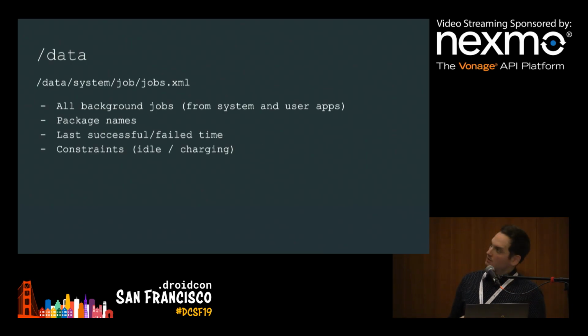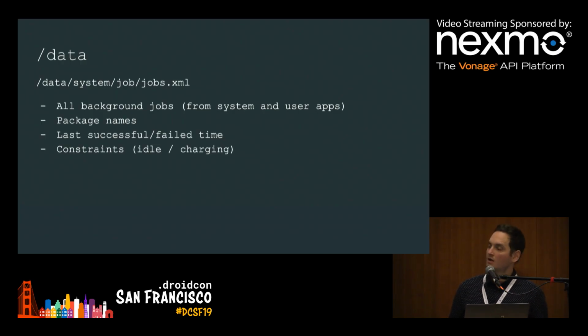We can take a look at the jobs.xml file, which contains all background jobs which were scheduled both by system and by user apps. We can look at package names. So, for example, if our device's battery life is not doing well, we can look in this place and see if any apps are triggering too many background jobs.